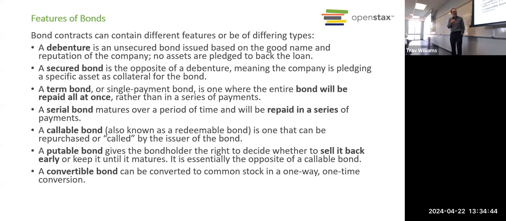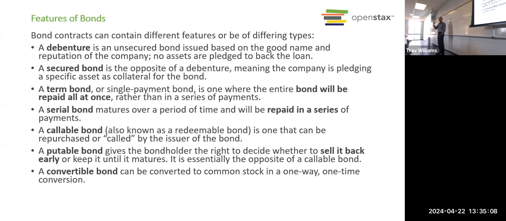I'm going to come back to these two in just a moment. One more term, a convertible bond. A convertible bond can be converted into stock. So if I sell you a convertible bond and you made a loan to me, right?